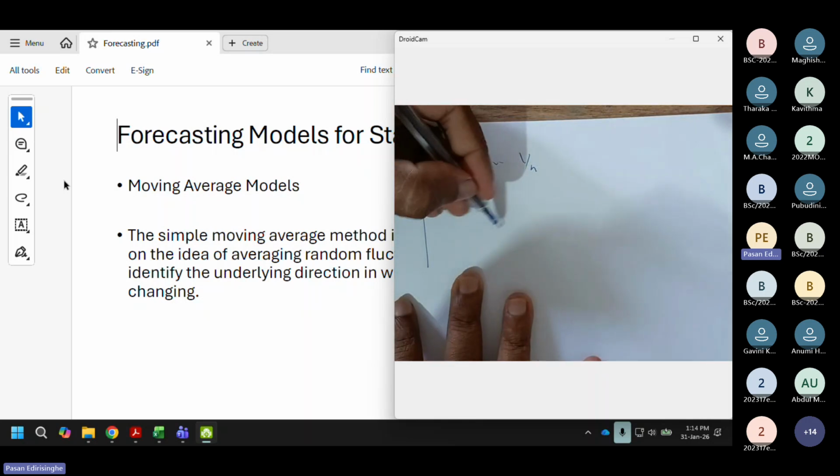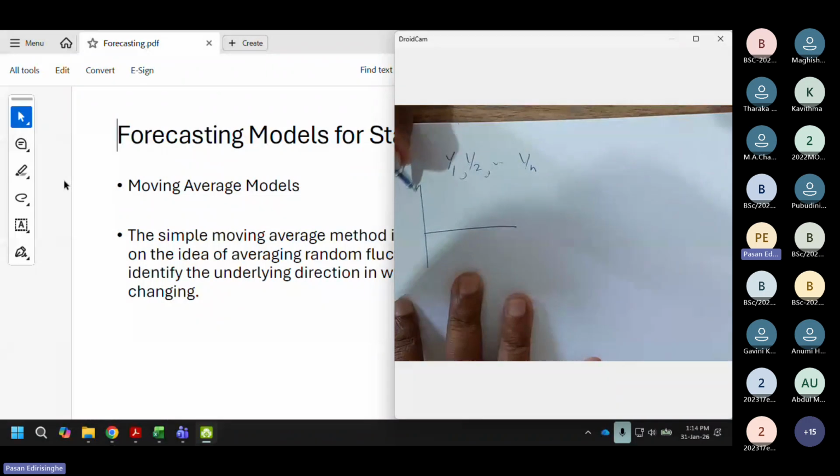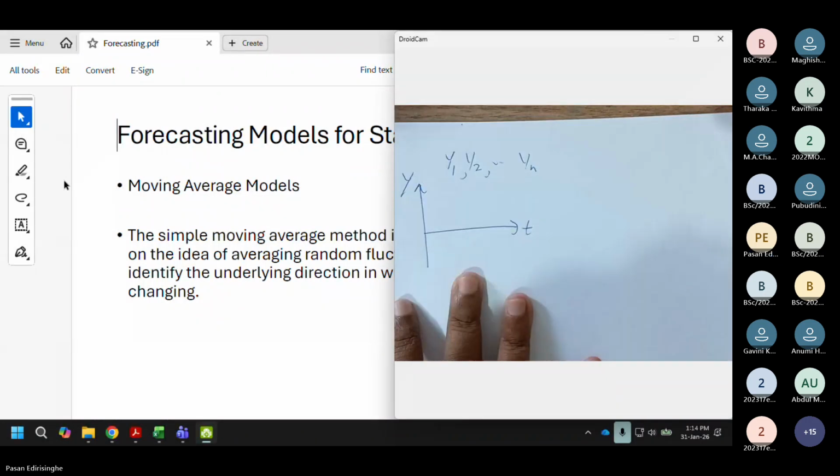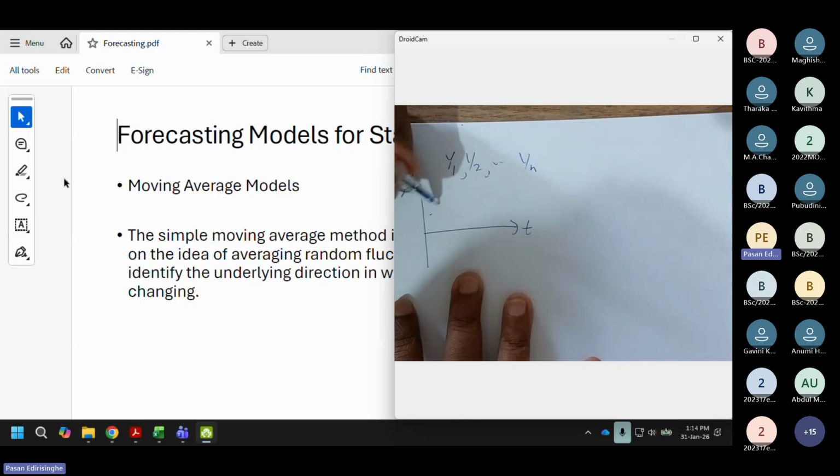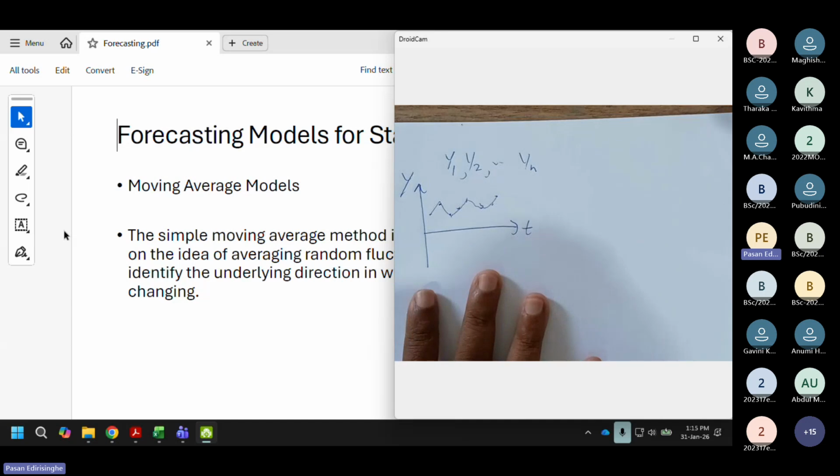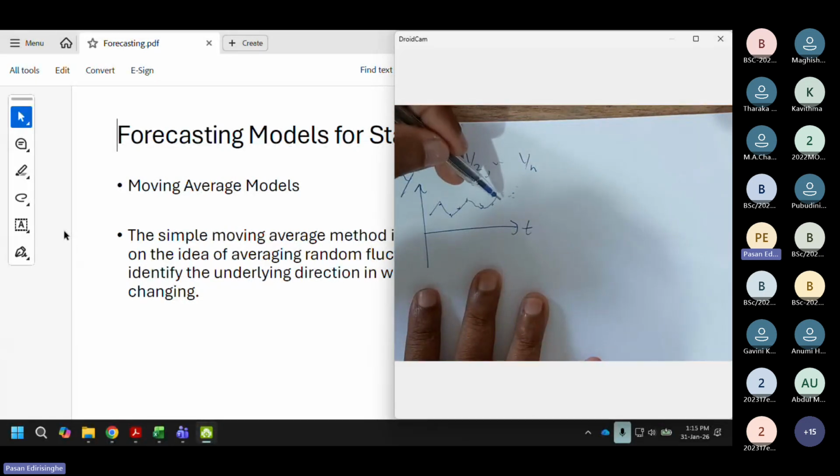Once you look at the plot of this data with respect to time, we can notice some kind of pattern. We would like to identify this particular pattern, and then based on that pattern, predict for the future. We like to find suitable points for the future values.